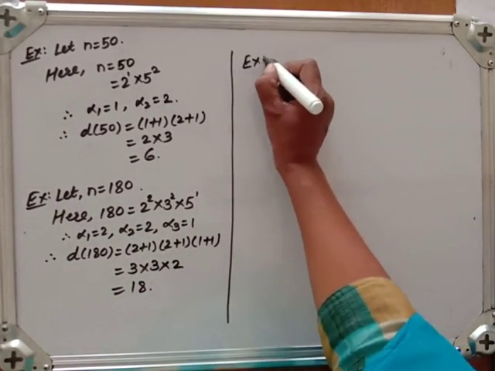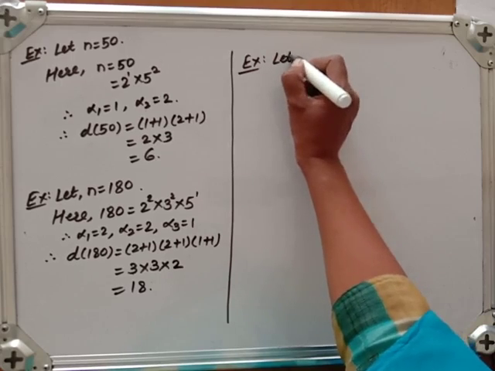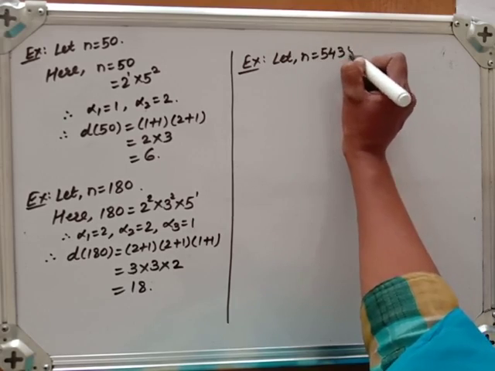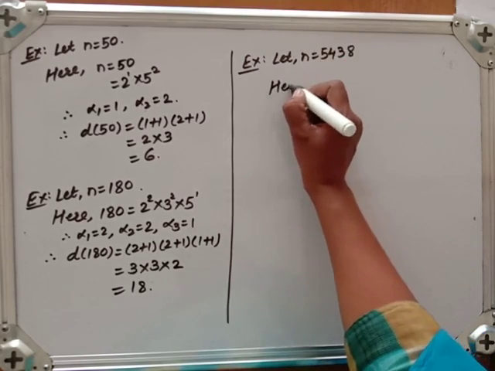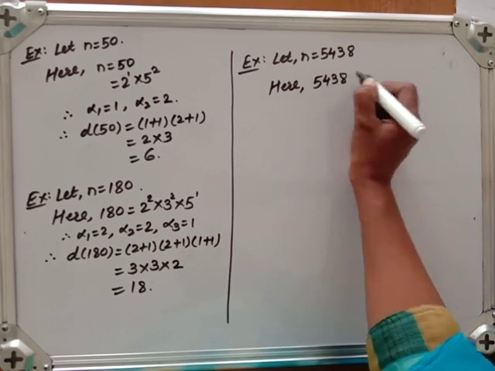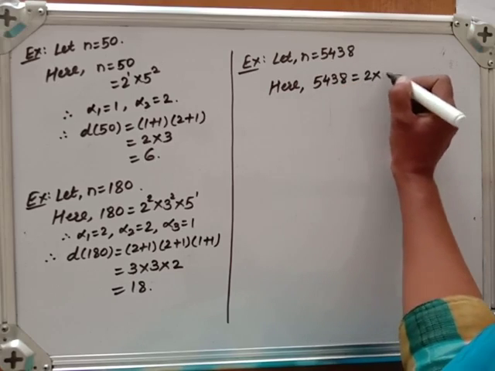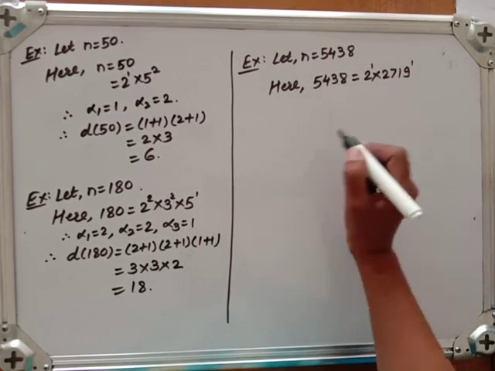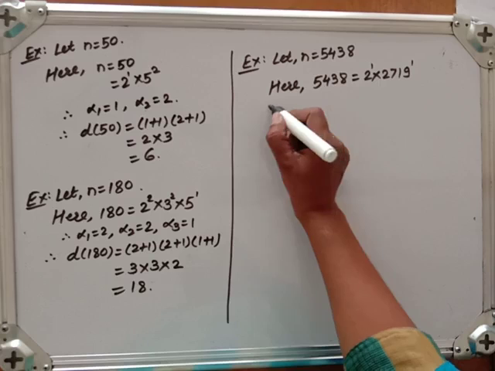Fine. Then let's take the next one. Another example, let n equal to 5438. So 5438 equal to 2 into 2719, 2 raised to 1 and this also raised to 1.